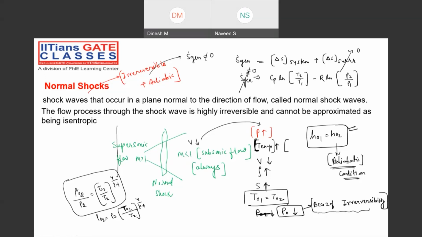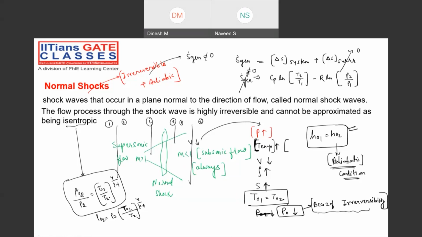At this section and this section, the flow is isentropic, here to here, here to here. But from here to here, in between, suppose you want to apply it, the flow can never be assumed to be isentropic. But before the normal shock and after the shock, what can we assume? We can still assume the flow to be isentropic. Understanding my point? That's why I am able to apply this correlation. Yes or no, guys?